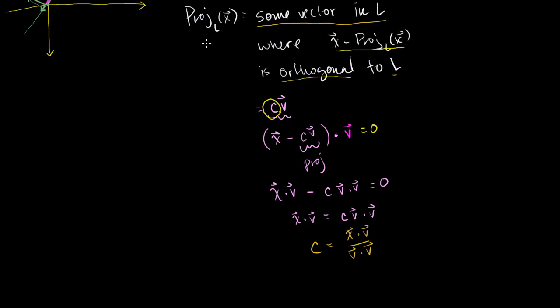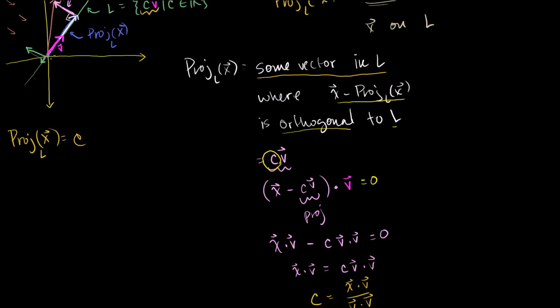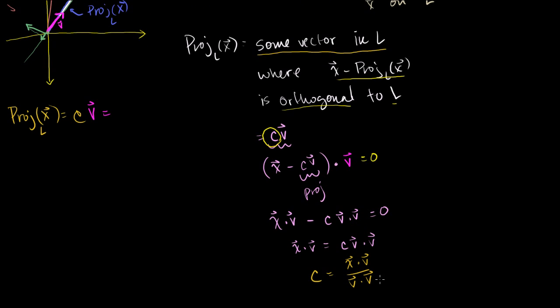We're saying the projection of x onto L is equal to some scalar multiple of this defining vector v. We know it's in the line, and we just figured out what that scalar multiple is going to be. It is going to be x dot v over v dot v. And this, of course, is just going to be a number, right?